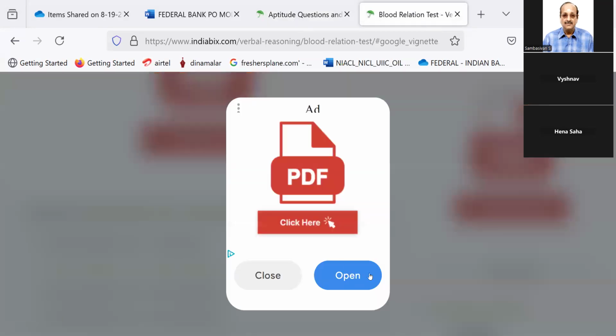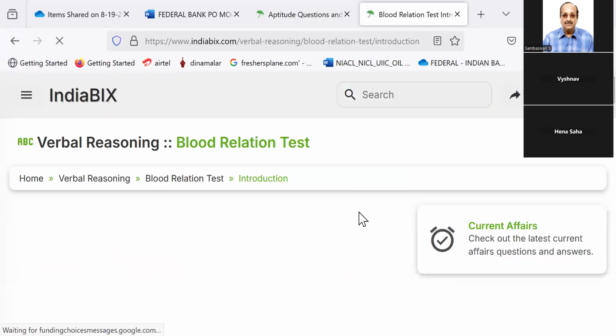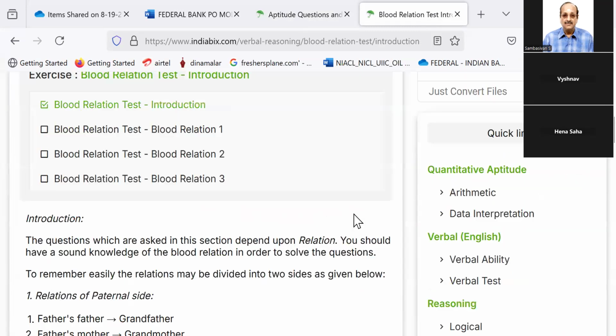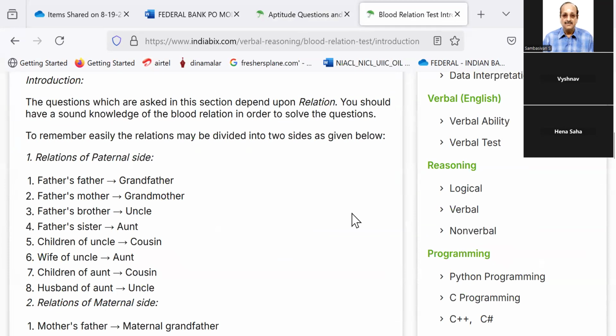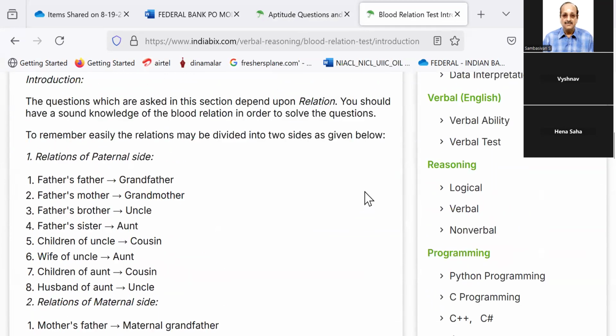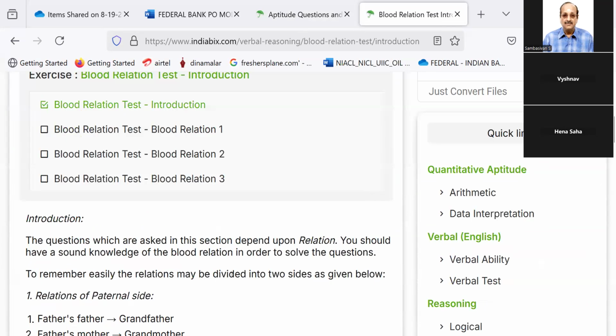First introduction, we will know about it. Yes, sir. Please go through the questions which are asked. Sir, the questions which are asked in this section depend upon relations.